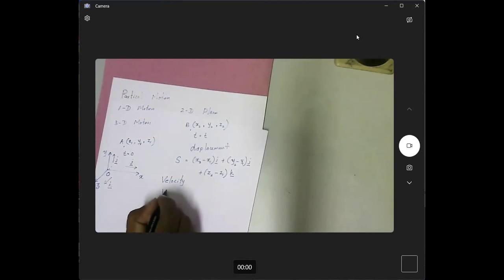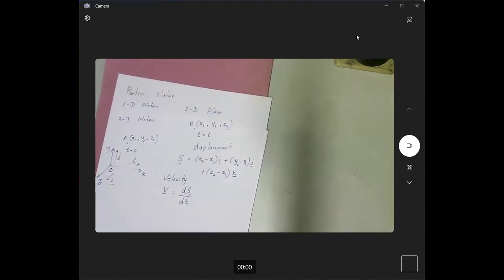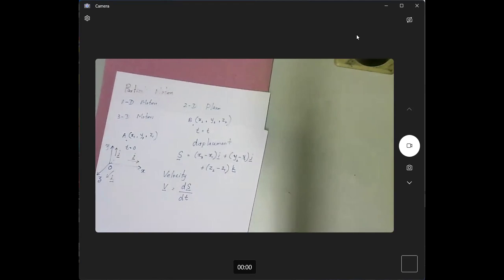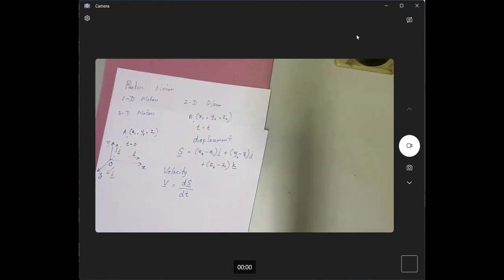We get velocity by taking the time derivative of displacement. I'm not going into the very basics of the definitions of velocity, displacement and differentiation. I think you already know these things.